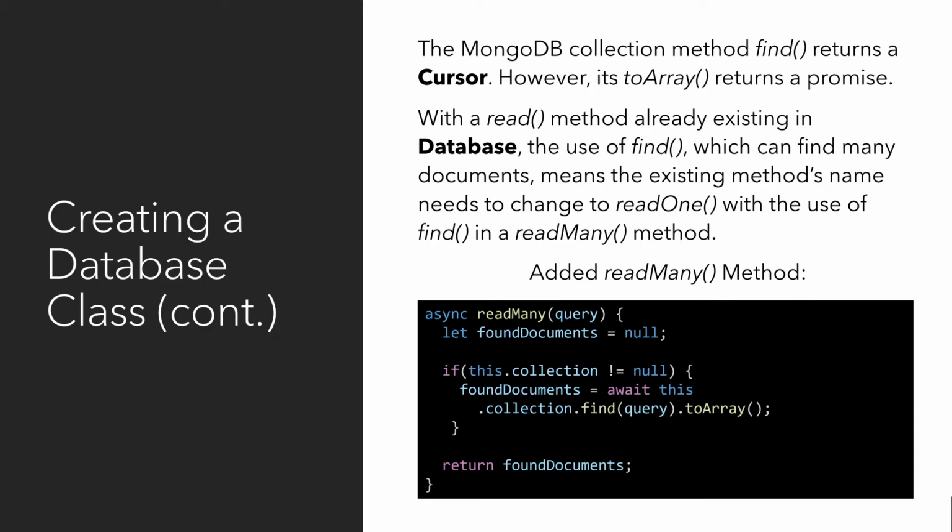Notice it looks very, very similar to read1, however, it uses the find MongoDB collection method, and then at the end of it has toArray. So this will find the results and take the cursor, use the cursor's method of toArray, and convert it to an array. So the found documents will either be equal to null or an array, as shown here for the read many database method.